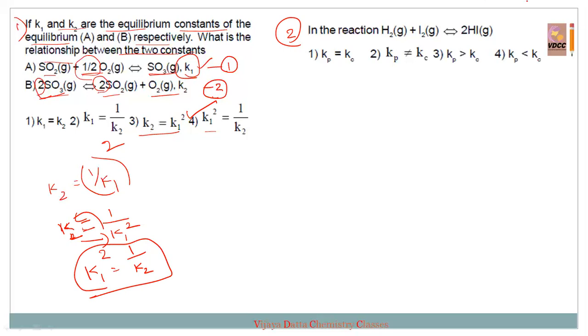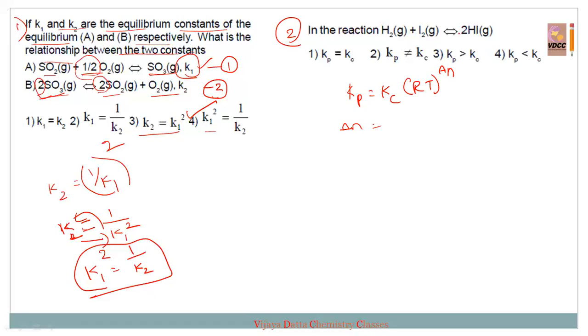So this is what he is asking, the relation between Kp and Kc. Once I'll revise what is the relation between Kp and Kc. Kp equal to Kc into RT power delta n. So how to calculate the delta n? Number of moles of gaseous products minus number of moles of gaseous reactants.